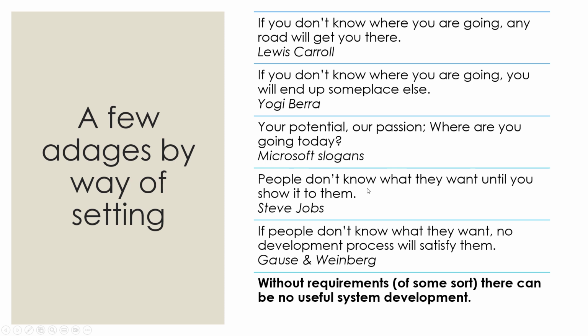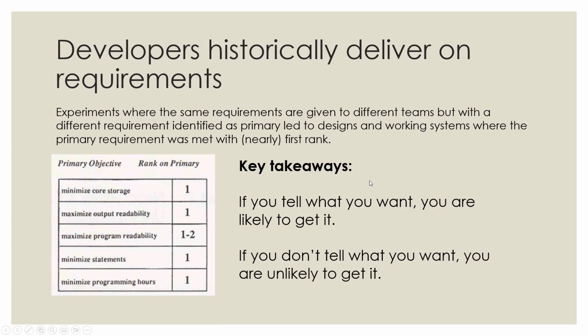All right, so that's really just setting a basis for the importance of requirements. And the book authors did some research. I don't know how significant or trustworthy, but they did some experiments where teams of developers were given the same requirements, but each team had a different requirement ranked as the primary.